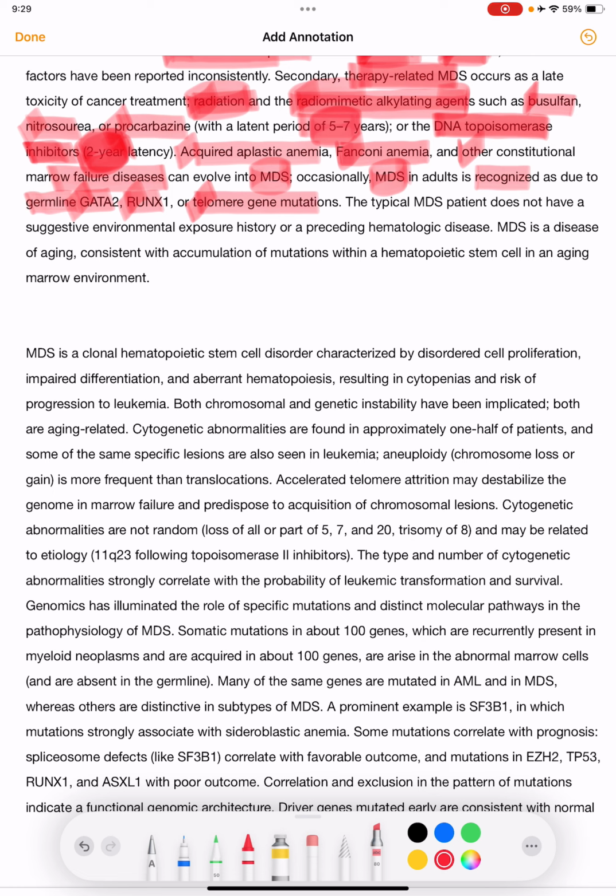The typical MDS patient does not have a suggestive environmental exposure history or a preceding hematological disease.